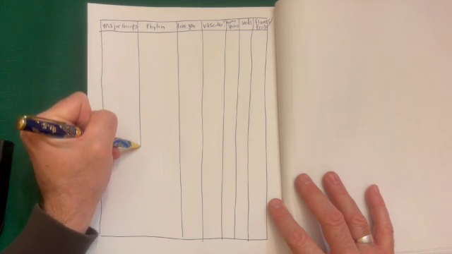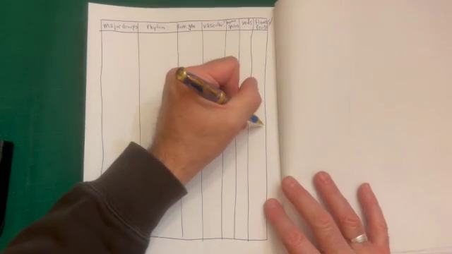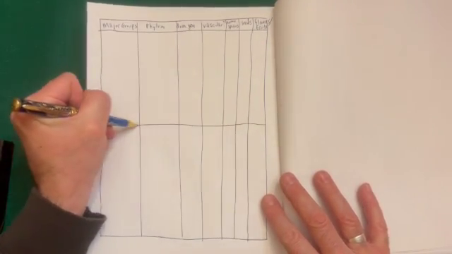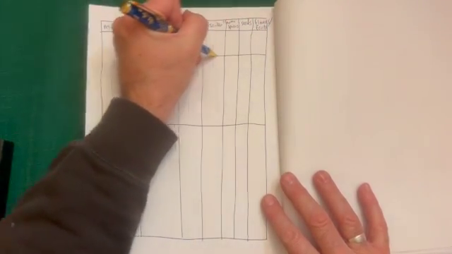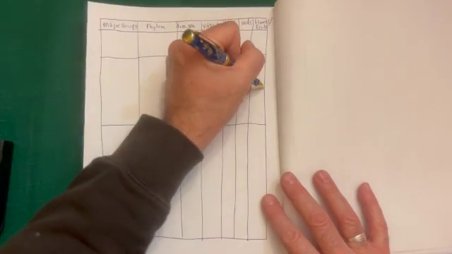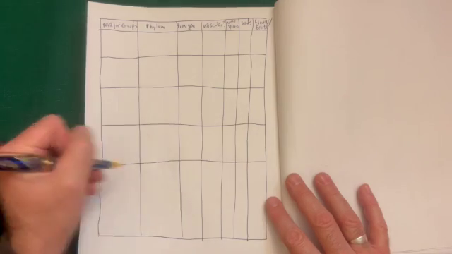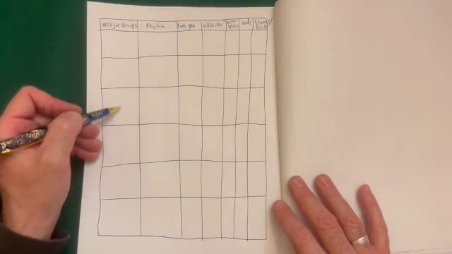The thing that's going to take the most room is probably the phylum name. All right, and we've got 12 phyla. So we'll cut that in half. Cut that in thirds-ish. Now we got 1, 2, 3, 4, 5, 6.